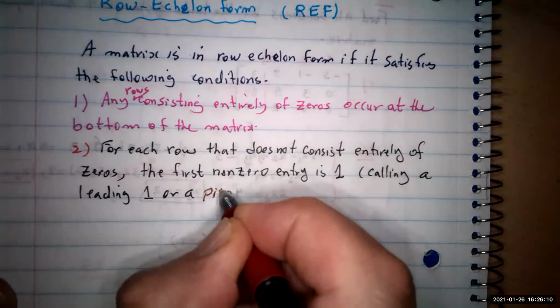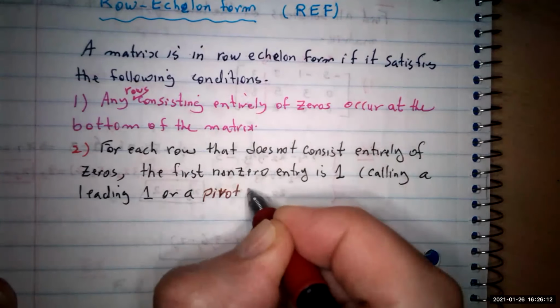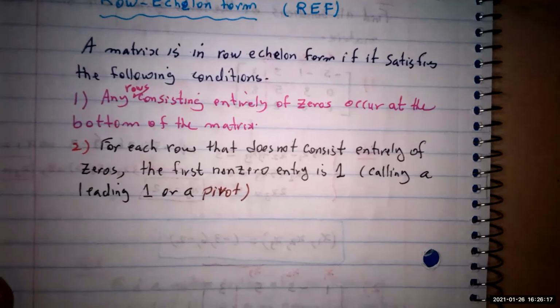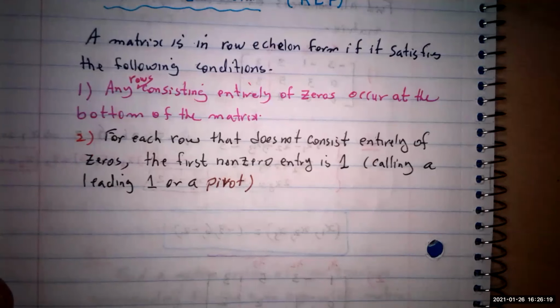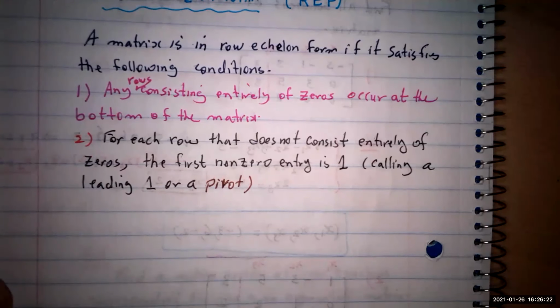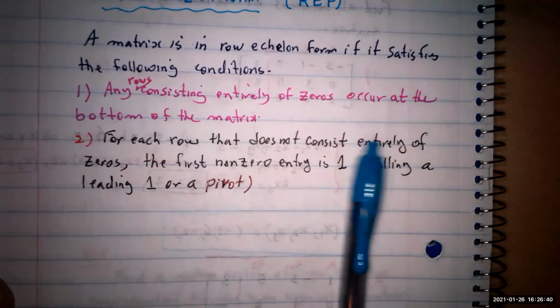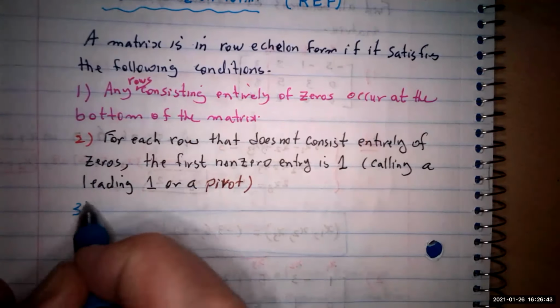So get to know this expression, pivot. So if you get 0, 0, 0 at the bottom, and a row with a non-zero number, that non-zero number must start with a 1, or any other number. Now, when you go from one row to the other row, this leading one should be shifted to the right. So that's the third condition.